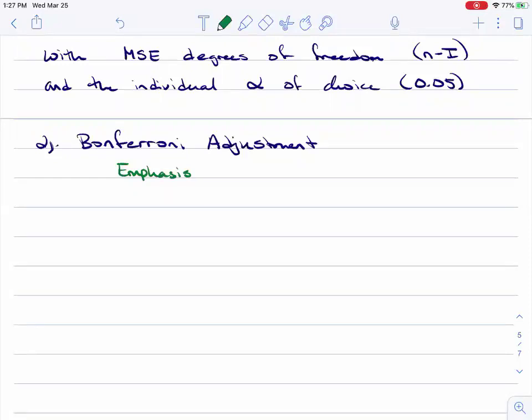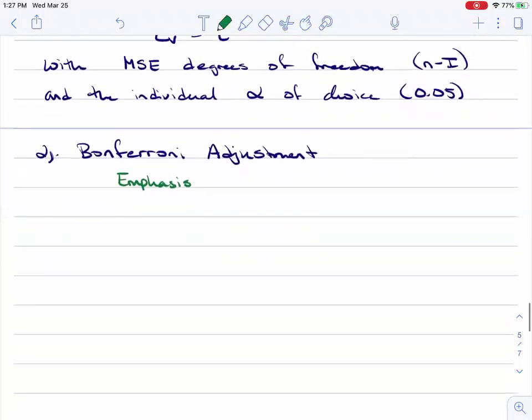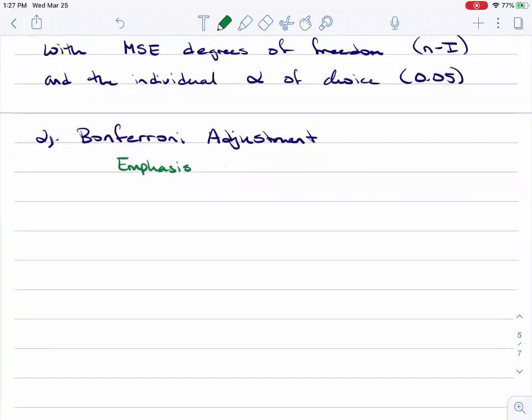So that's the opposite, essentially, of Fisher's LSD. So it has an emphasis on controlling the family-wise error rate.